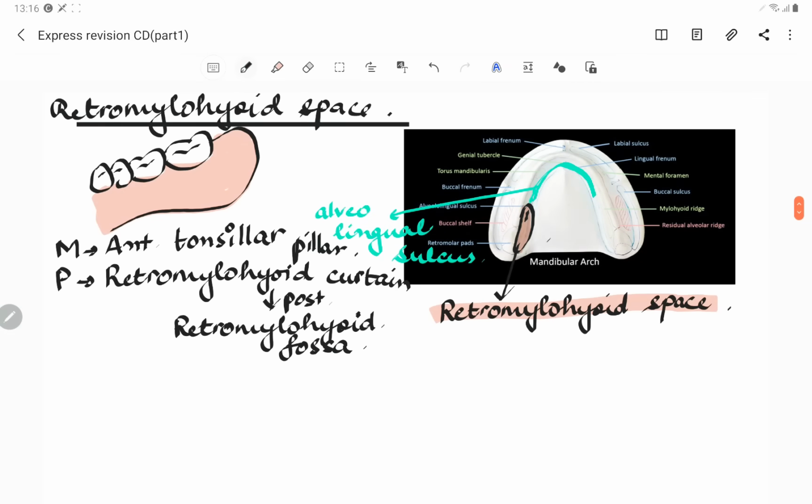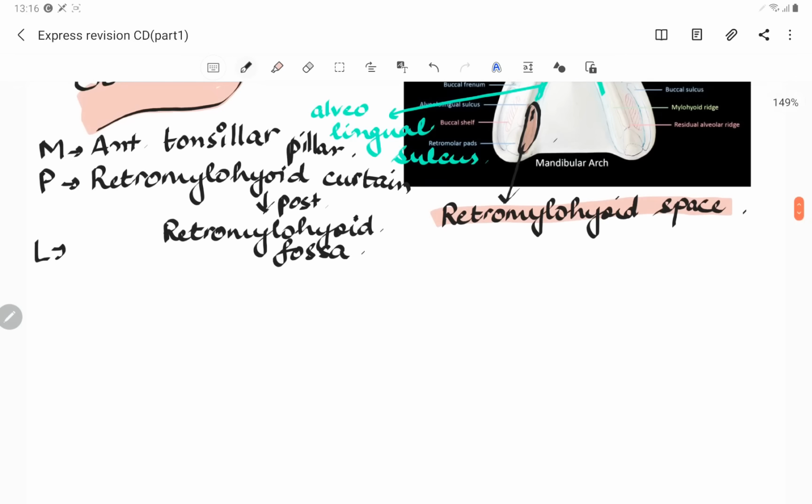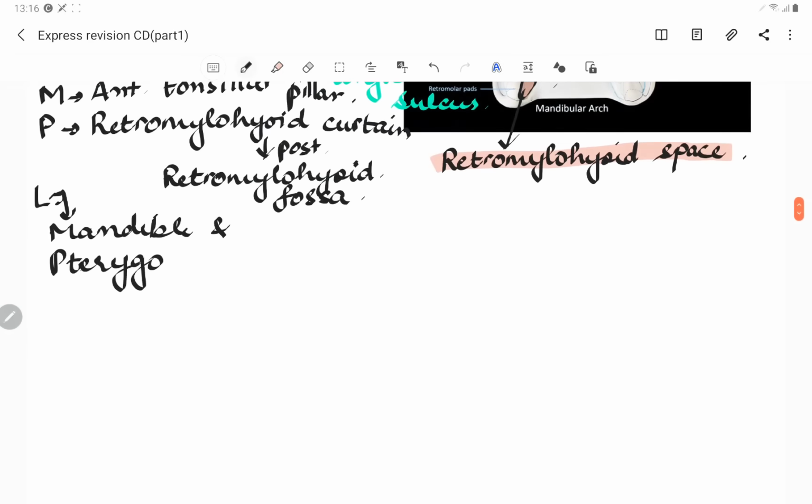So we have talked about medially, posteriorly, then laterally. Laterally means towards the buccal area, where we have got the mandible. So laterally we have the mandible and the pterygomandibular raphe, which is the tendinous insertion of the superior constrictor of the pharynx and the buccinator.